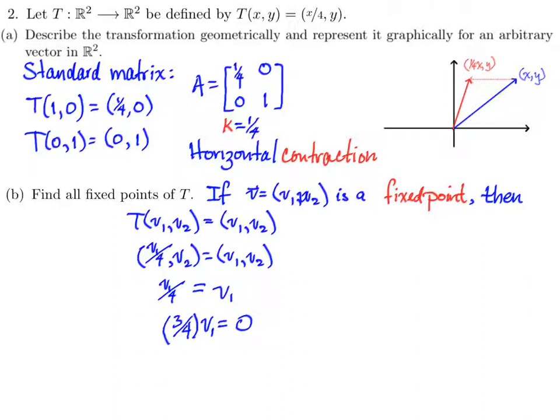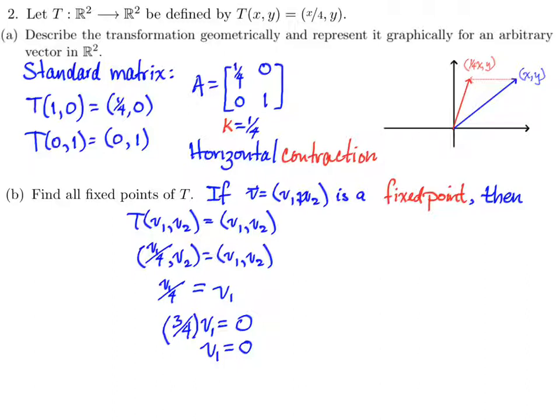And because we have a product of two real numbers on the left, 3/4 times v1, that product is equal to 0 if and only if at least one of those real numbers is 0 to begin with. Well, the only one that could possibly be 0 is v1. So all the fixed points of this linear transformation are the vectors whose first component is 0.